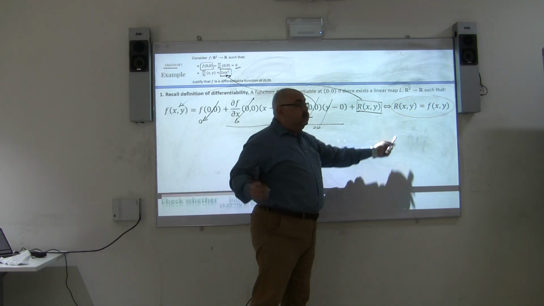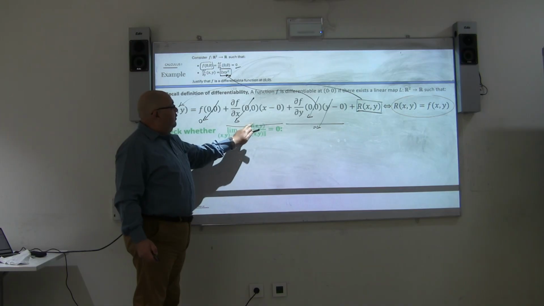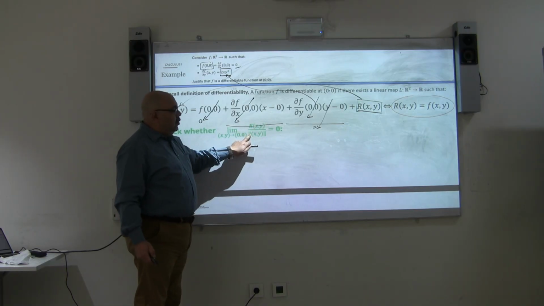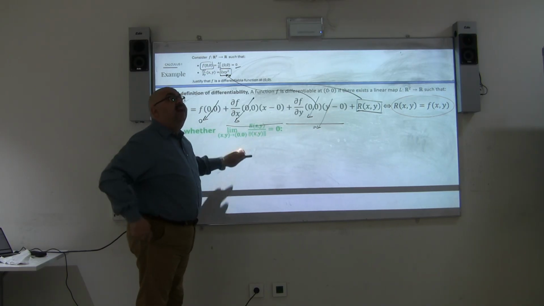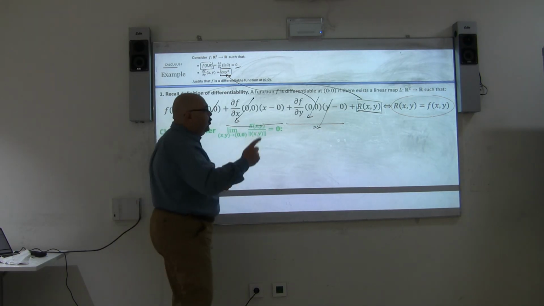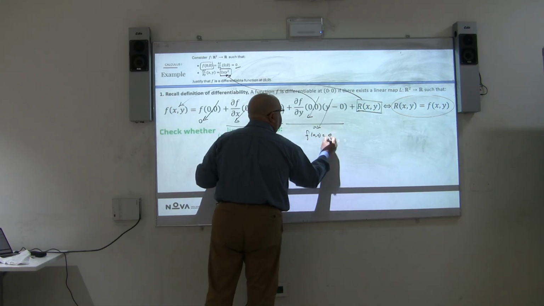All I have to do is to check the differentiability by stating this term: r of x and y divided by the norm of x and y. I don't have to exert a lot of effort because you already know that the value of the function at the origin is equal to 0.